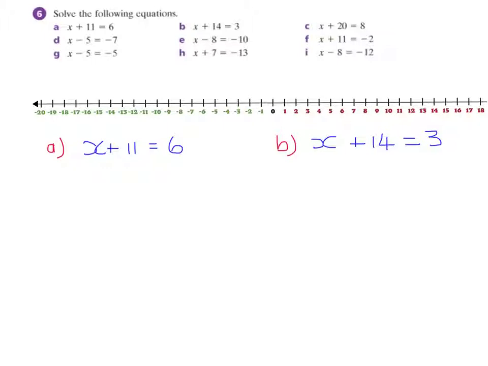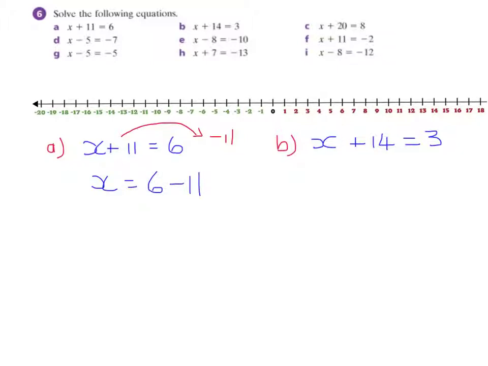In actual fact, these ones are a little bit simpler than the other ones because they've all got your x out the front. So let's have a look at this. I've got my x plus 11. For plus 11, when I take it over that side, it becomes a negative 11. So I end up with my x equals 6 take 11.